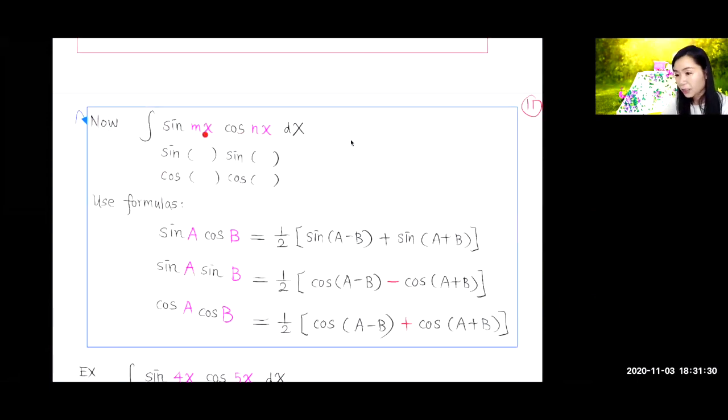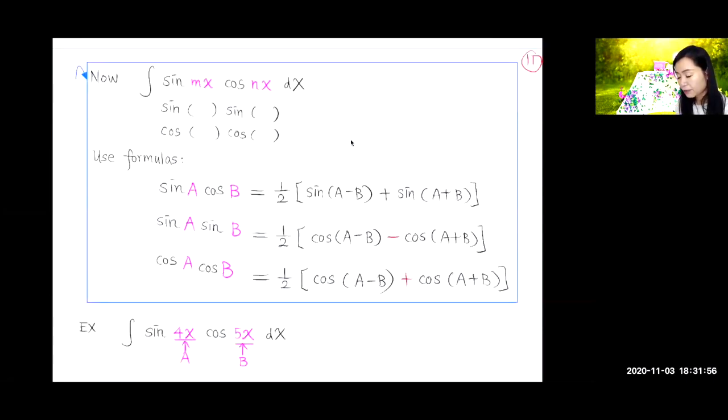Now this type of integral, notice that this is not just x and x, instead it is mx and nx. So when you have this type of integral, either sine times cosine, cosine times cosine, and this inside here will be mx and nx, we'll think about the sum of angle formula and the difference of angle formula. So remember, sine A times cosine B is 1/2 of sine of A minus B plus sine of A plus B. And these two will be similar.